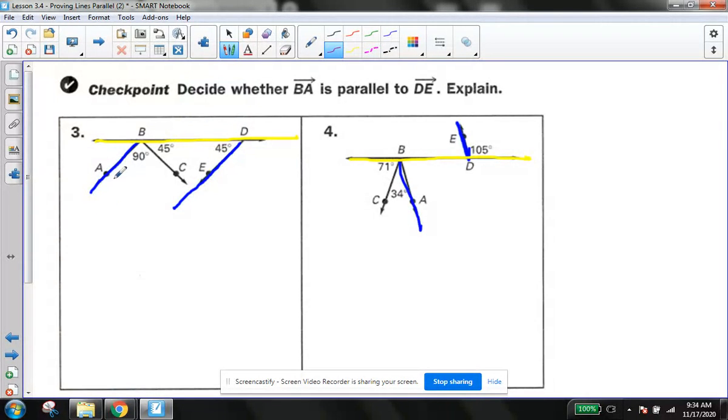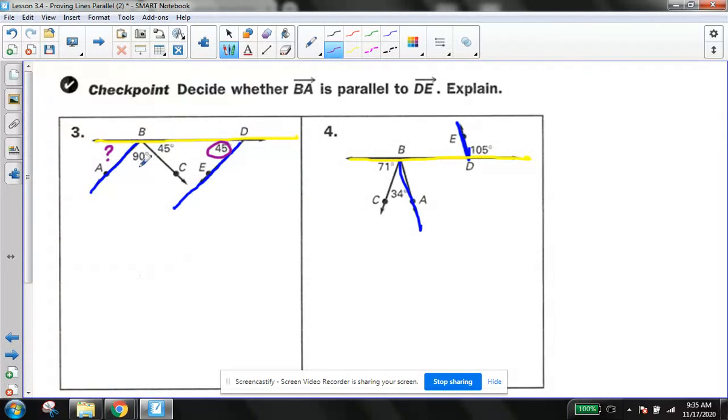Okay, so right now I know that this is 45 degrees. I really want to know what this angle is here, because if I had corresponding angles converse, I could then check to see if this was 45 degrees, then I could check to see if these rays would also then be parallel with one another. Well, here's how I'm going to do that.